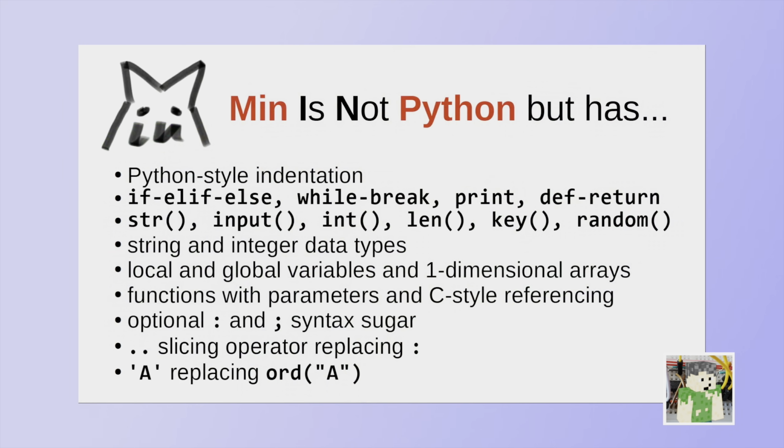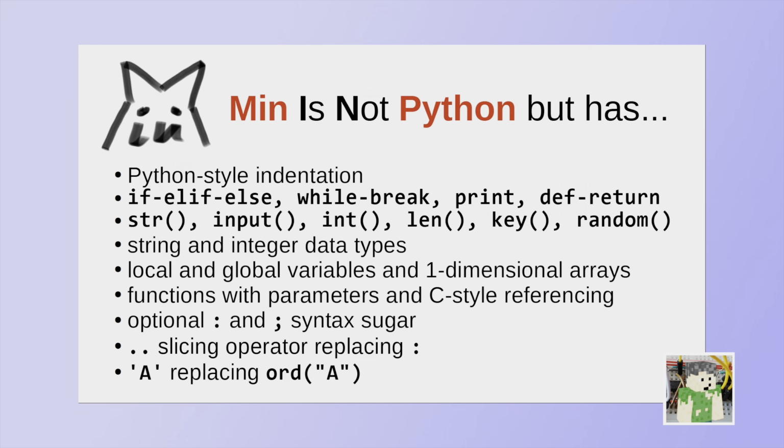Min is not Python, but it has Python-style indentation. It only features the statements if, else, while, break, print, and define, return. It has built-in functions like string conversion, user input, int conversion, length, key for non-blocking keyboard input, and random, yielding pseudo-random bytes.